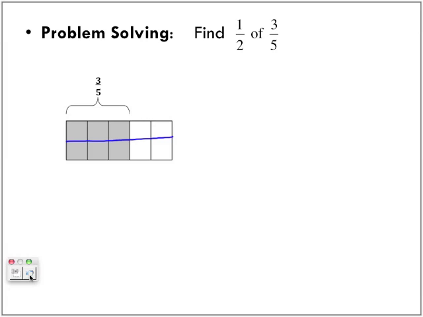Think about that. 3 of them, because we're only referring to half of the 3 over 5. So there's 1 piece, 2 pieces, 3 pieces, because we only want half of what I'm showing. So in reality, what is my fraction? 3 over 10.